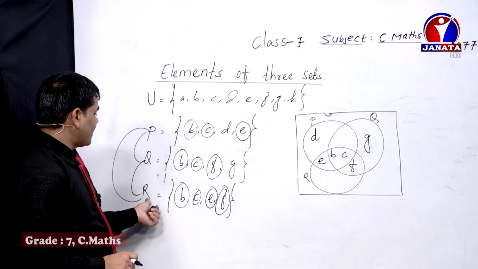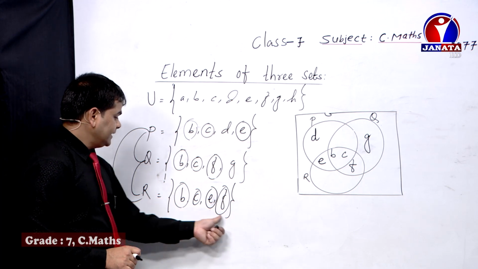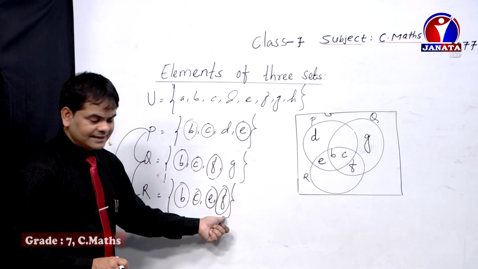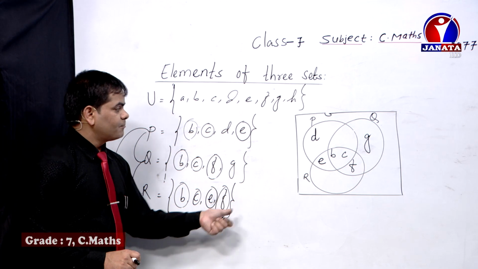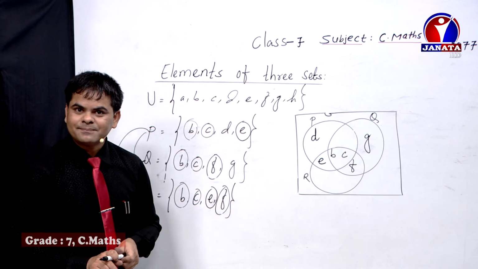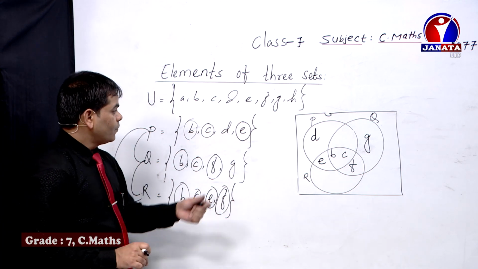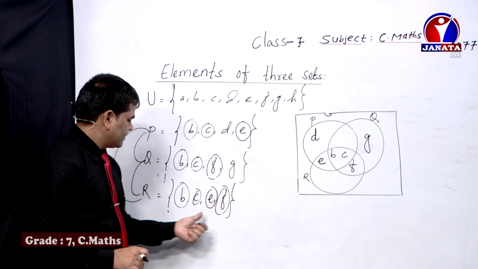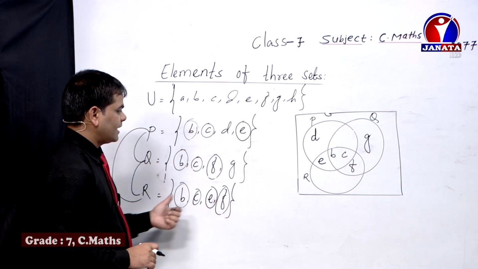Now if you see in case of R set individually, all the elements are rounded off. What do you mean by this? All the elements are plotted in the Venn diagram. So we don't need to keep anything in the circle R only.